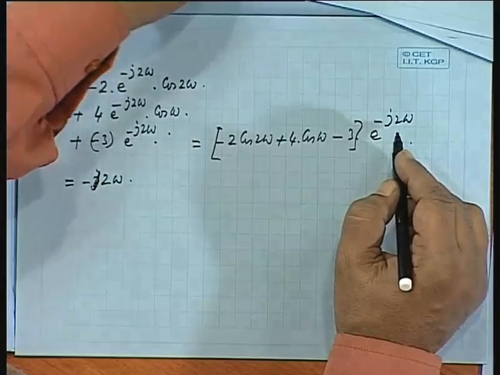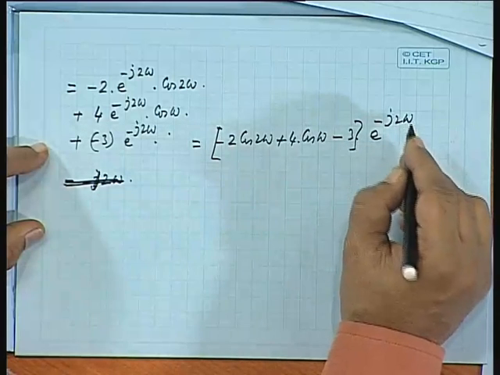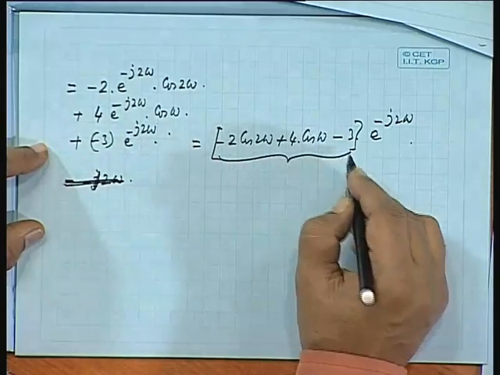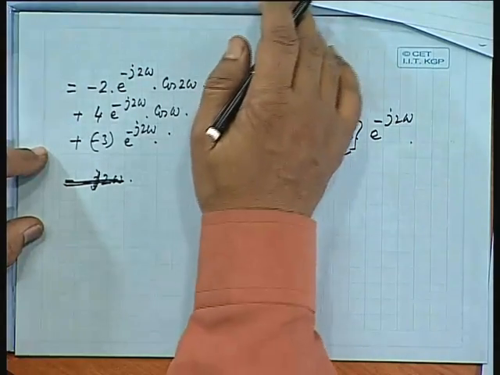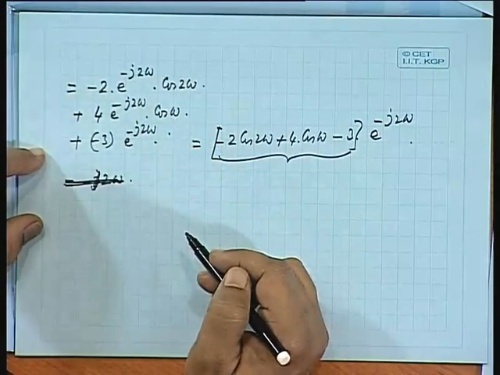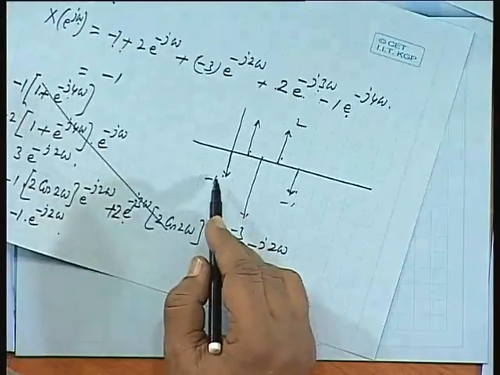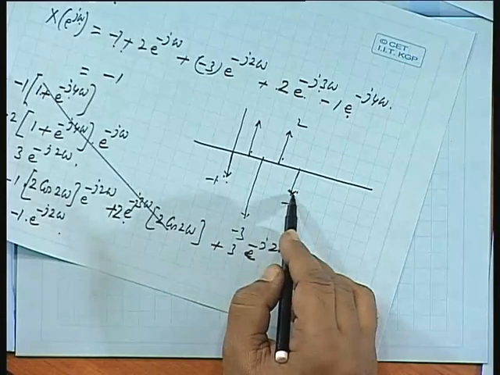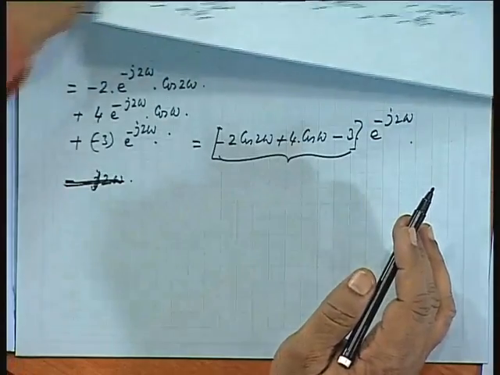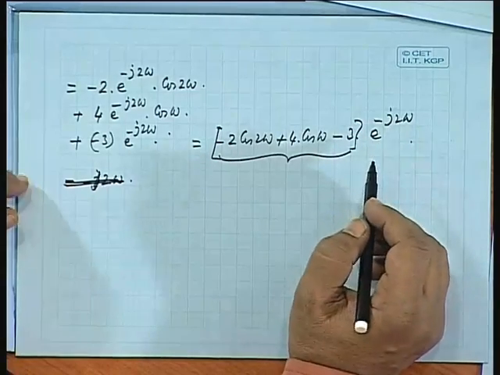I made a slip here, e to the minus j 2 omega, this is real, angle is minus 2 omega.